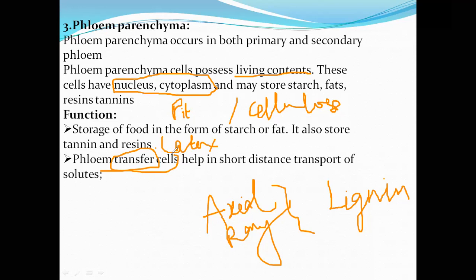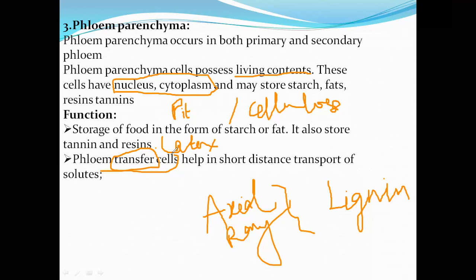Once again, I am repeating. First point: parenchyma is a living cell. They possess cytoplasm and nucleus. Generally, it is found in both primary and secondary phloem. Clear? The cell wall is generally made up of cellulose and also possesses some pits.